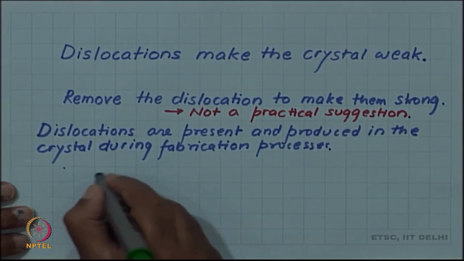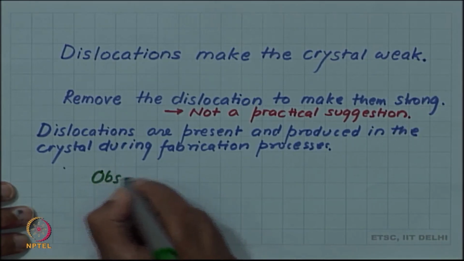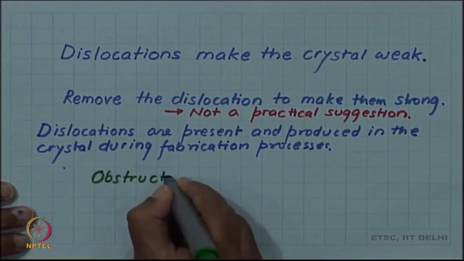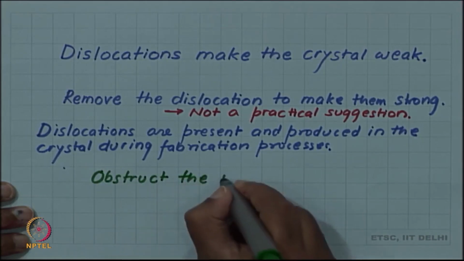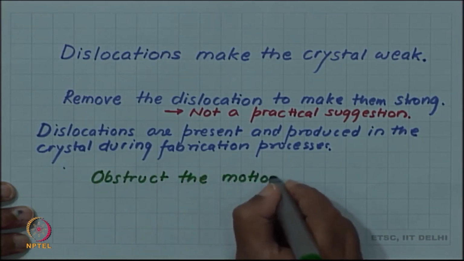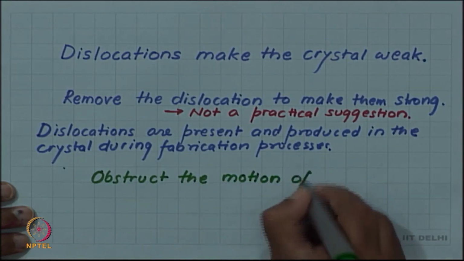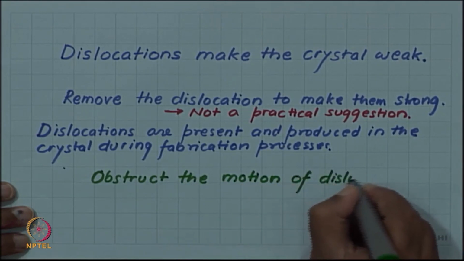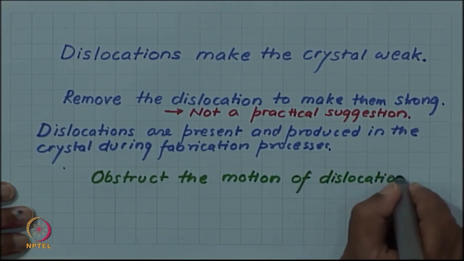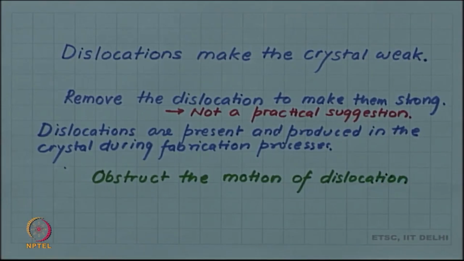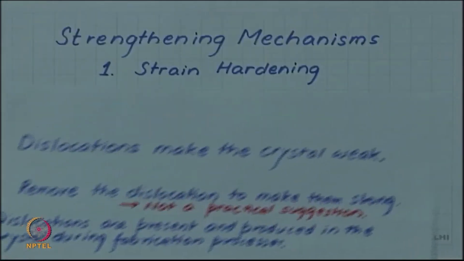So, if we can obstruct the motion of dislocations, because we can't get rid of them, then you can put obstacles in their path of motion, so that their motion is difficult. If their motion is difficult, plastic deformation will be difficult and the material will be stronger.